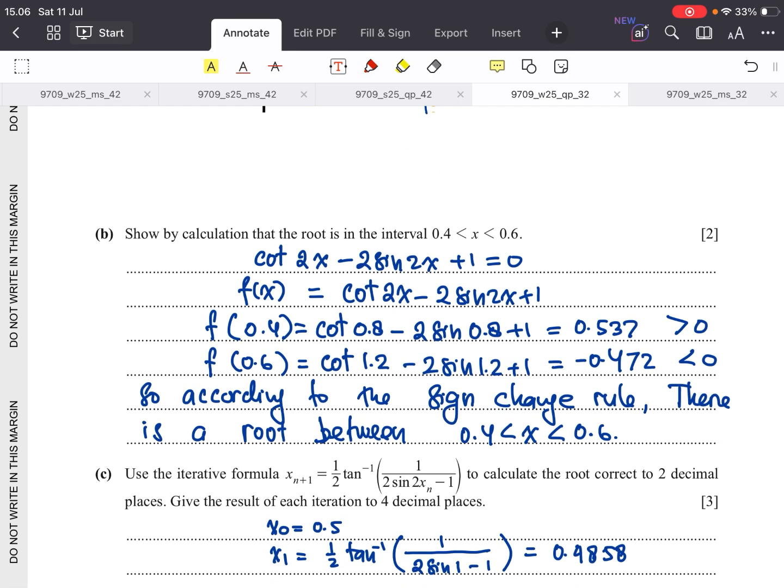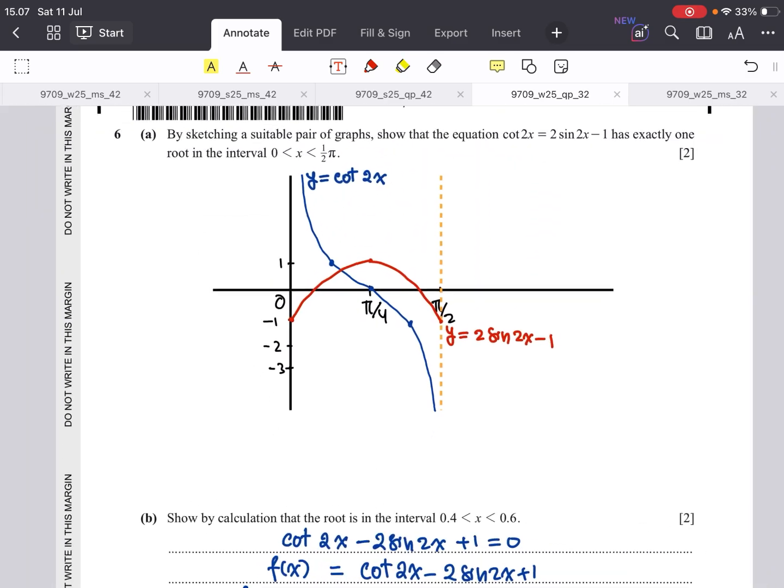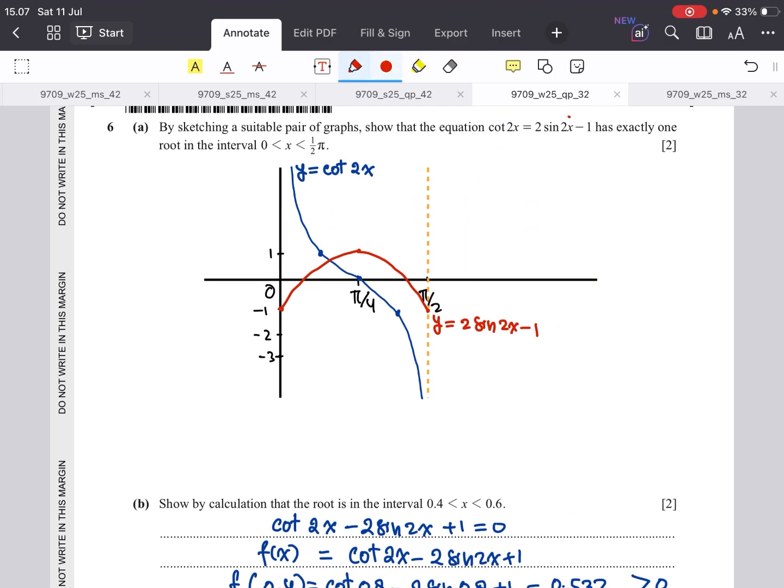B. Show by calculation that the root is in the interval 0.4 less than x less than 0.6. So we will move this expression, the one on the right, to the left.